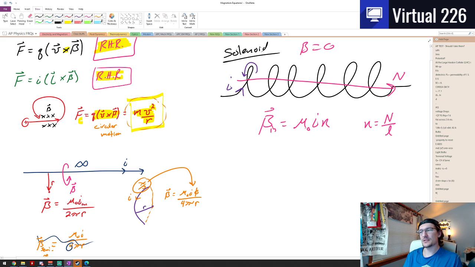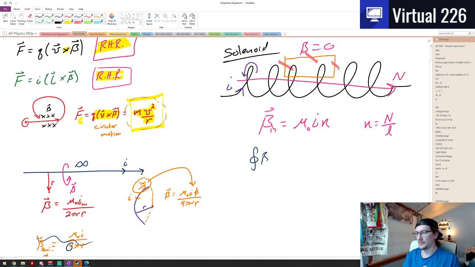We were able to get this using Ampere's law, where we made an Amperian loop kind of like this, and 3 of these edges, 1, 2, 3, meant nothing, and the only thing we cared about was the center on the inside. If you want to go back and watch that derivation, you can.